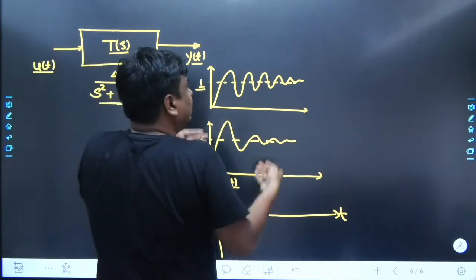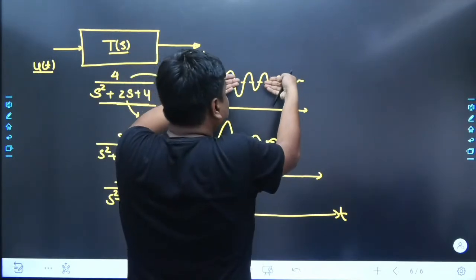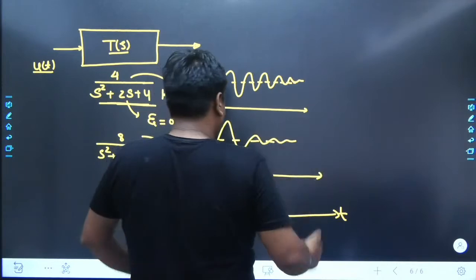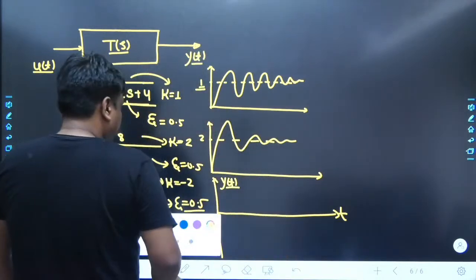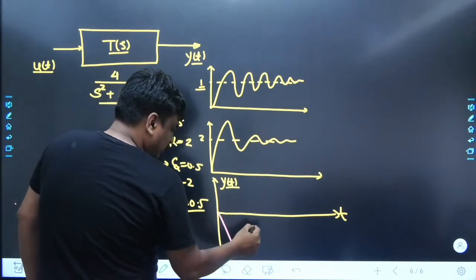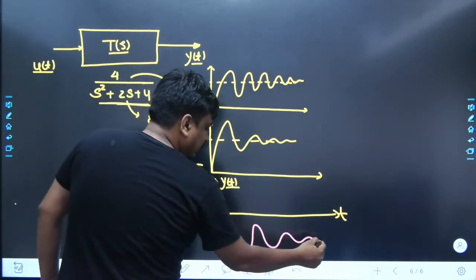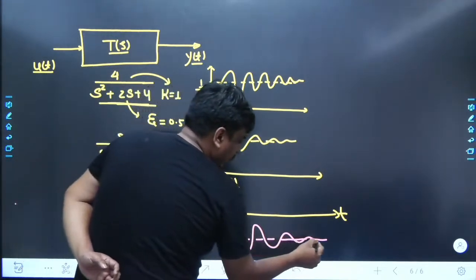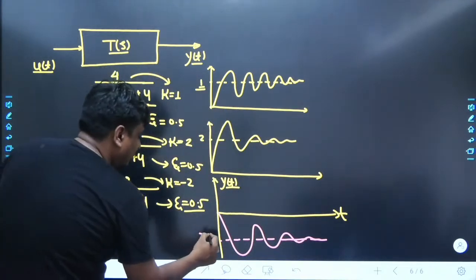Now if the minus sign is multiplied, this complete signal would be folded taking the x-axis as reference. It would go towards the downside, and then the response would be something like this, and it is trying to go towards the steady state. And what would the value be over there?